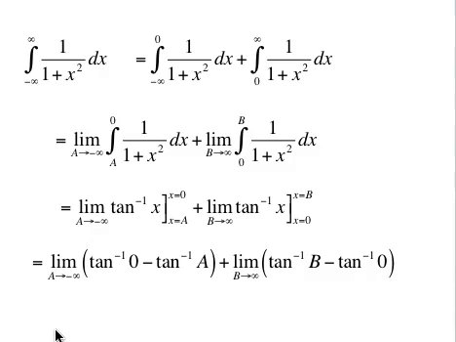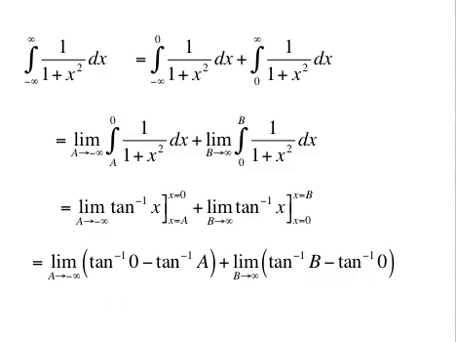Well, think of the graph of tangent. As x gets closer to pi over 2 from the left, the values of the tangent go to infinity. So pi over 2 should be an issue. And as x approaches negative pi over 2 from the right, the values of the tangent go to negative infinity.